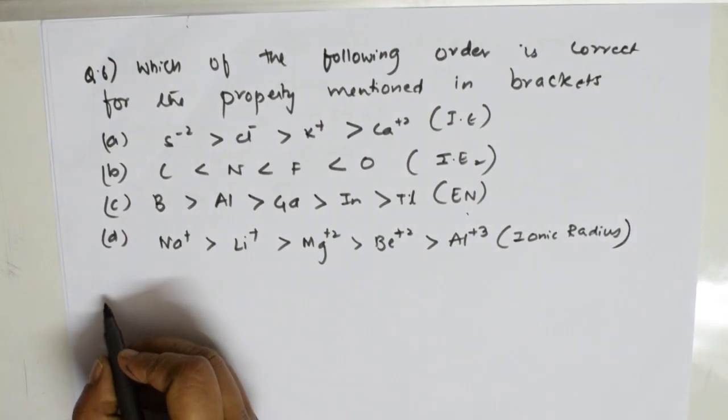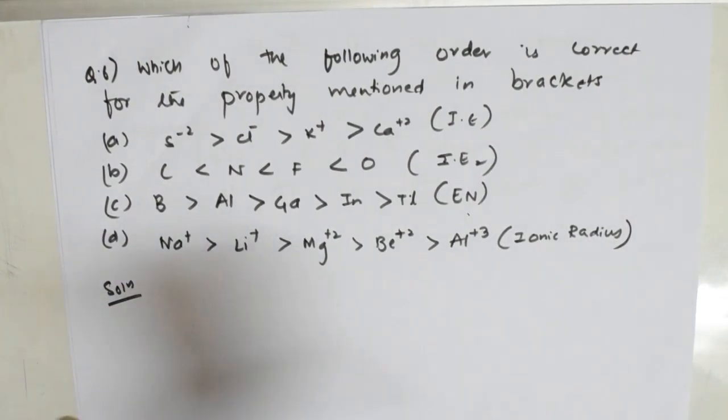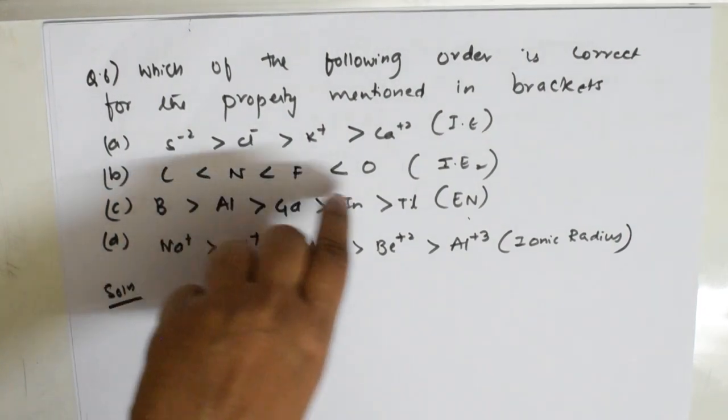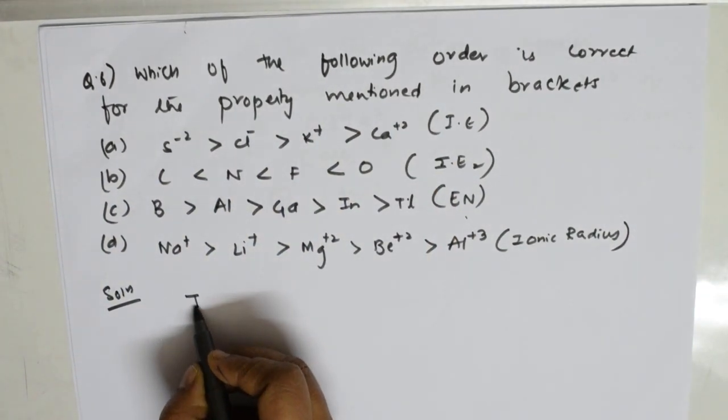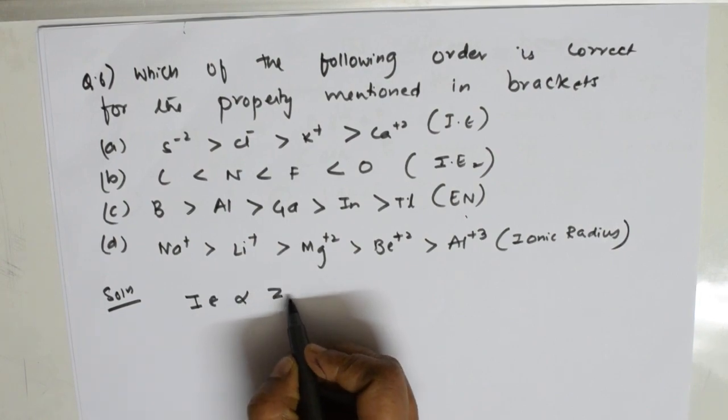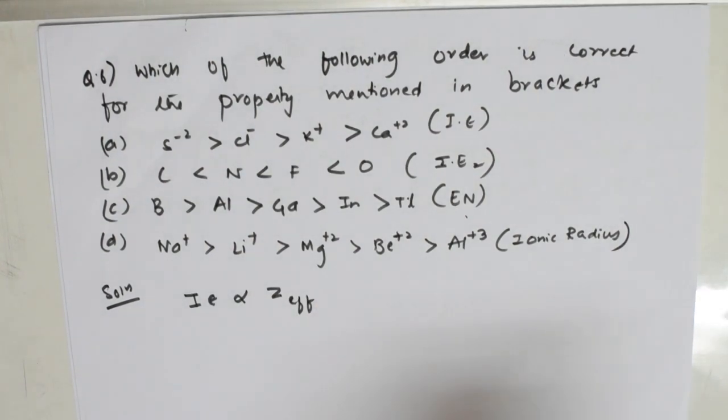Right, let us understand. So when I'm solving this, just see here, in the first one, ionization energy. So what do we know? We very well know ionization energy is directly proportional to Z effective. Correct? Right. So Z effective also I have taught how to calculate in the second video. Please watch that. So Z effective, atomic number, right?